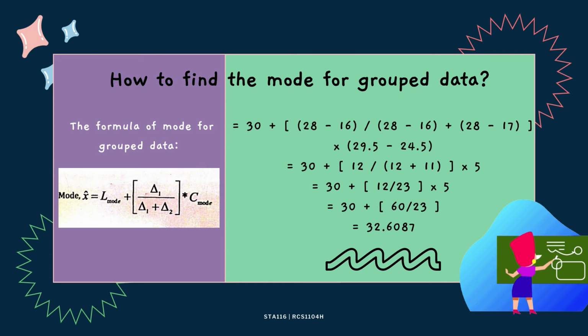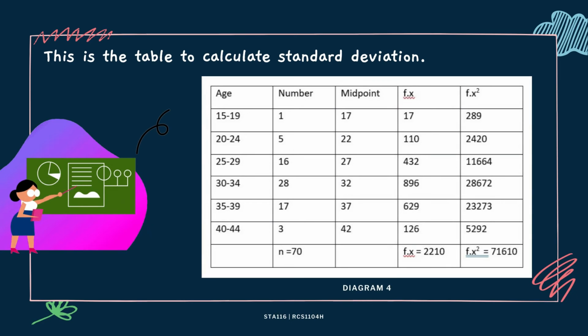We will get the answer as 32.6087. For the standard deviation, the first thing you have to do is add another new column to the given table. For the new column, we multiply the frequency by the squared midpoint for each class and place the product in the column. For example, in the first class, the midpoint is 17. If we square it, we get 289.